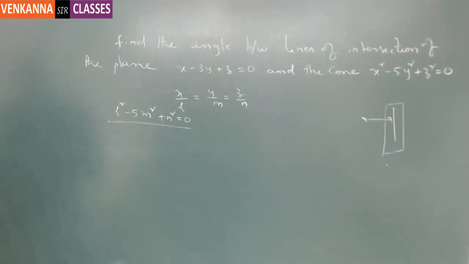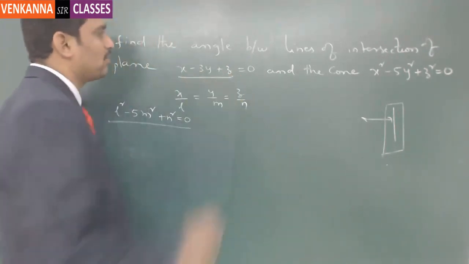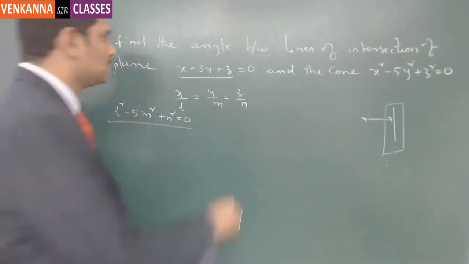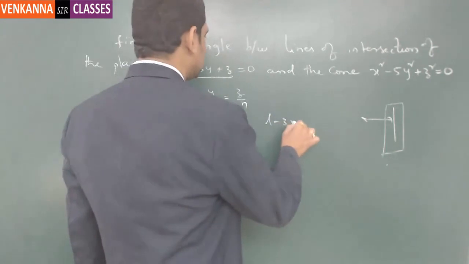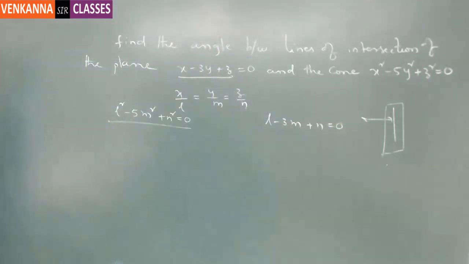When a plane cuts the cone at its vertex, draw a perpendicular line to the plane, which is perpendicular to the lines of intersection. So the DRs of the plane and l, m, n are perpendicular. So you have l minus 3m plus n equals 0. This is the other one.